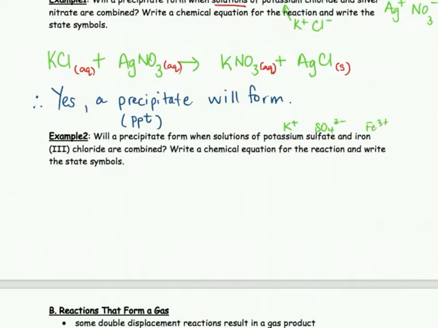The Roman numeral tells you the charge for iron, and chlorine is always -1. So let's make those compounds. Potassium sulfate: we need two potassiums to one sulfate to balance out the charges, or crisscross. And here we need one iron and three chlorines to balance out the charges.